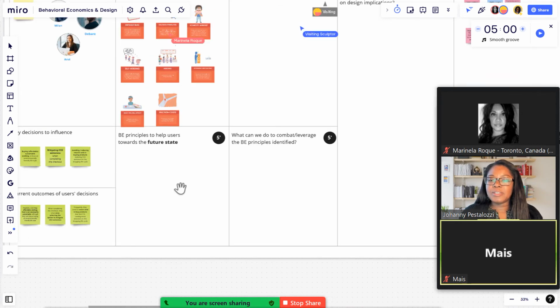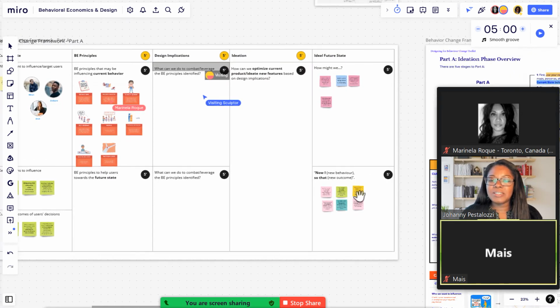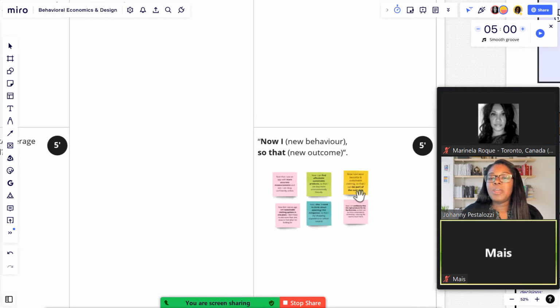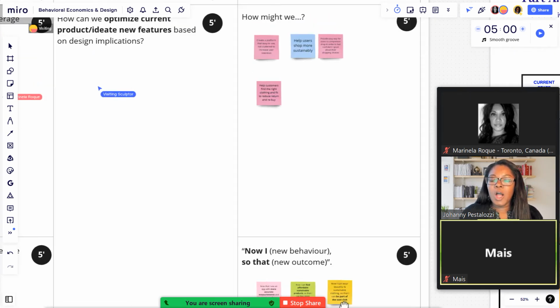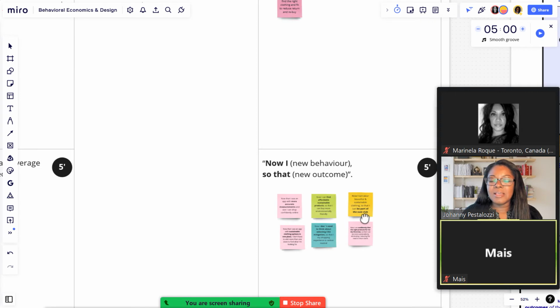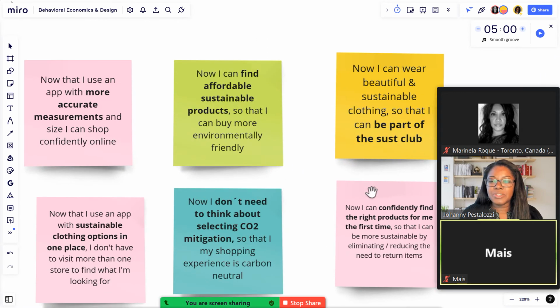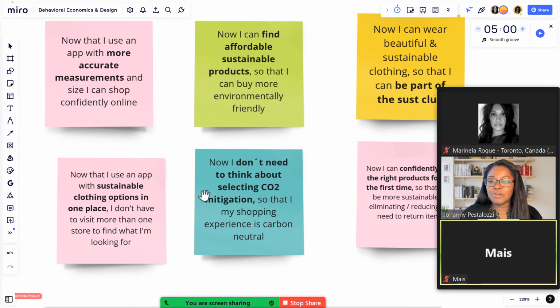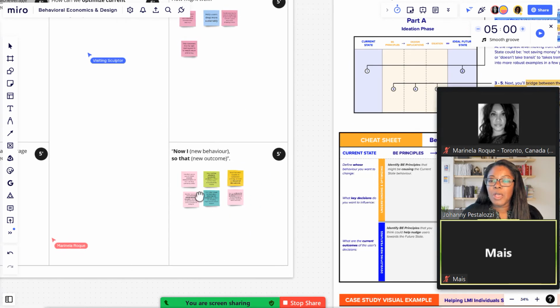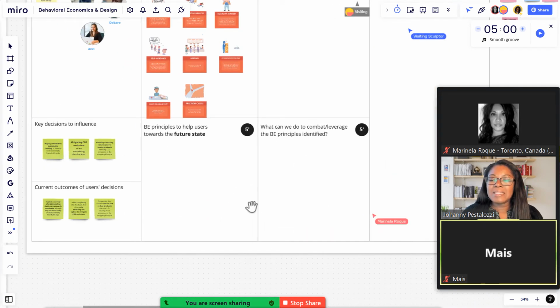We're going to take into account this new behavior that we described here and the how might we statements around sustainability, finding affordable products, having more accurate measurements, etc. Having those in mind, we're going to select principles that we think can help us accomplish this new behavior.